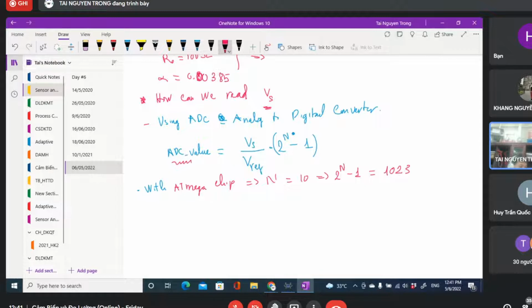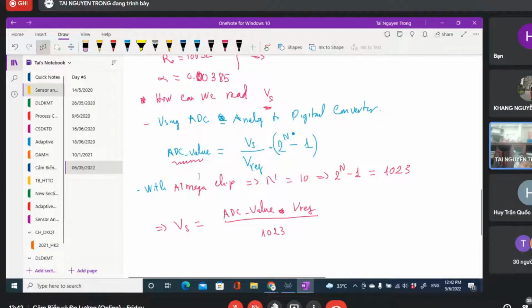If we get this, we can calculate Vs, so Vs equals the ADC value multiplied by V reference and divided by 1023.